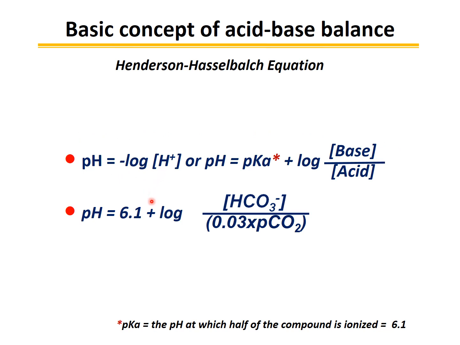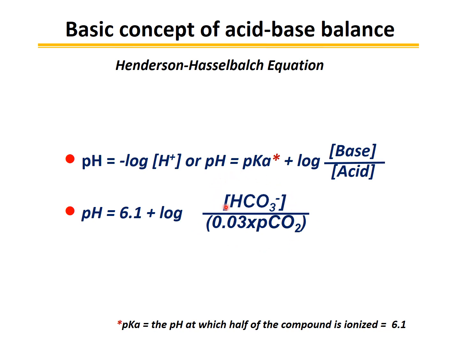As you see here, there are two components. One component is the base, such as bicarbonate, and another component, the acidic one, is carbon dioxide, because we have about 15 mole of carbon dioxide produced every day. So this is a major component of the acidity.